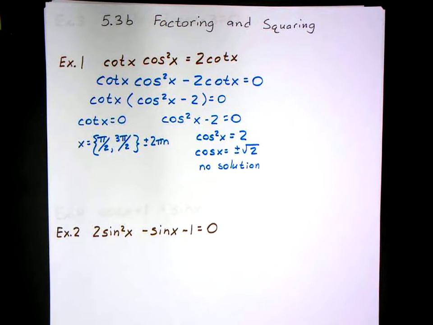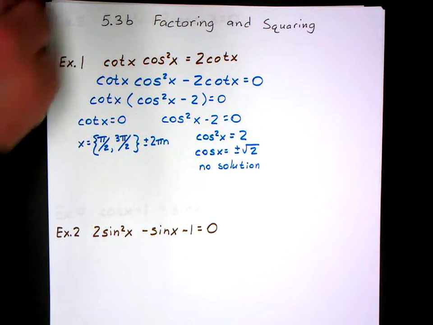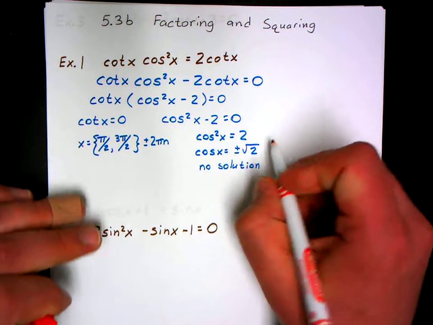Okay, well, it doesn't have to actually be on the unit circle. Because if it's not on the unit circle, I could actually use the inverse cosine and figure it out. What does square root of 2 equal?